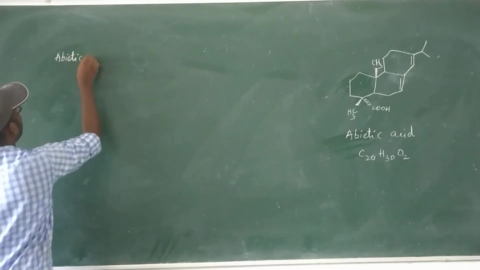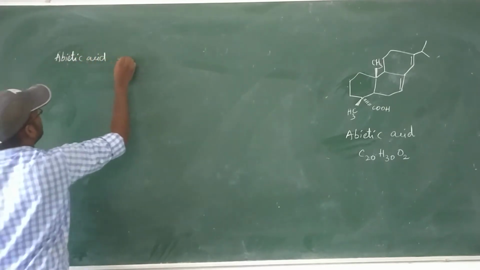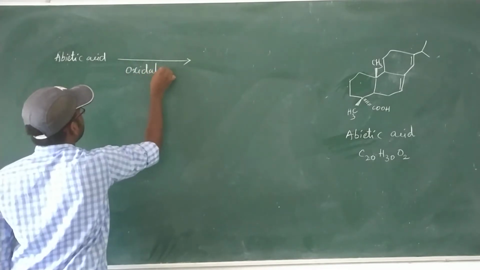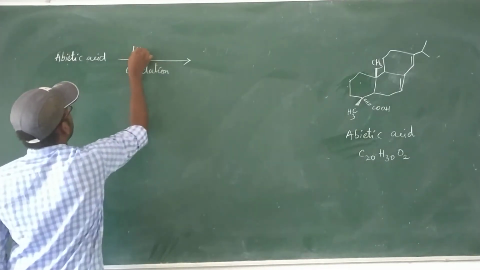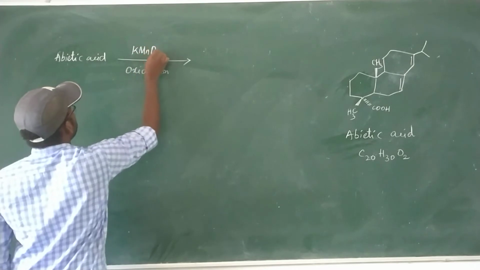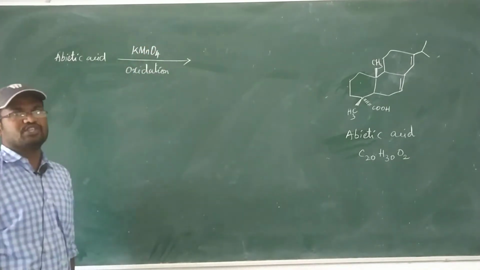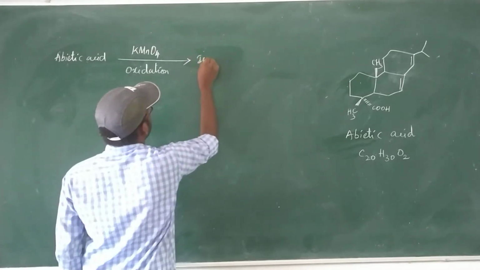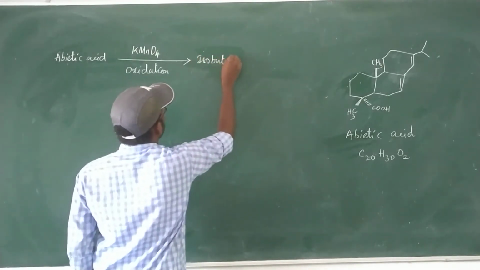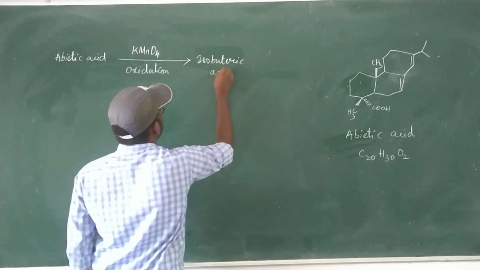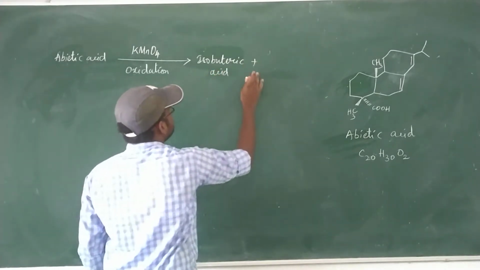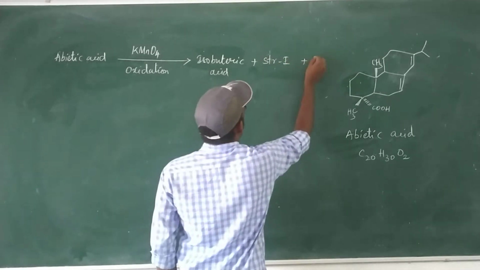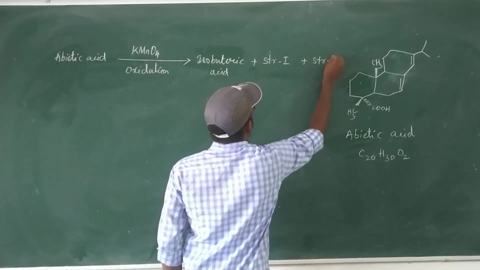Abietic acid undergoes oxidation in the presence of a strong and powerful oxidizing agent, that is potassium permanganate. The result is isobutyric acid plus structure 1 and structure 2.